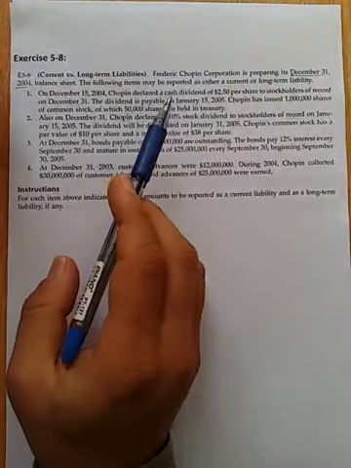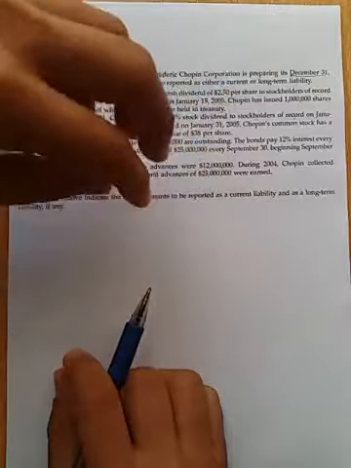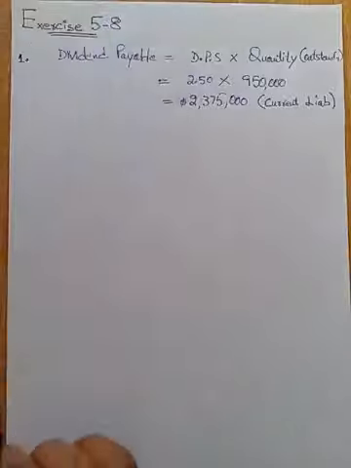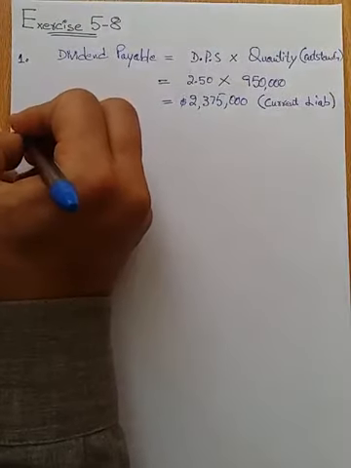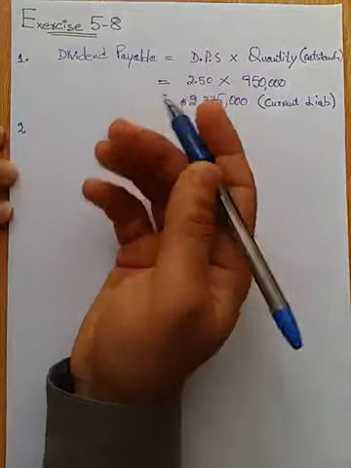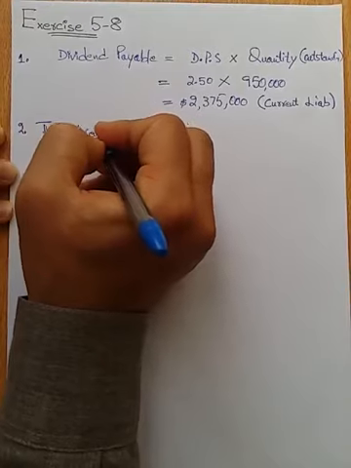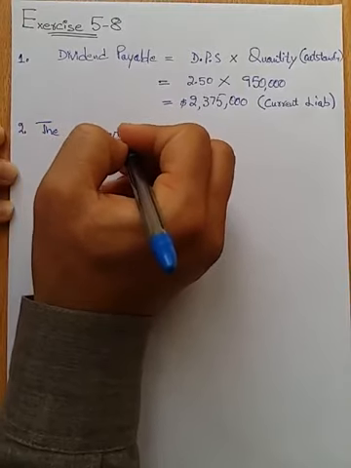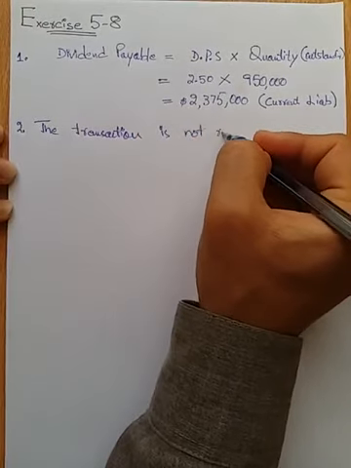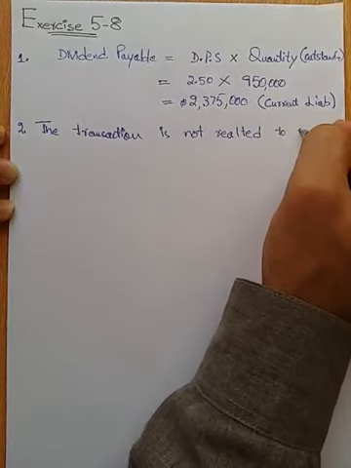So if the record is related to the next year, then obviously no liability will be created in this year, which is 2004. So as far as transaction number 2 is concerned, it does not have any adjustment required, or it's not related to 2004. So we can say that the transaction is not related to 2004.